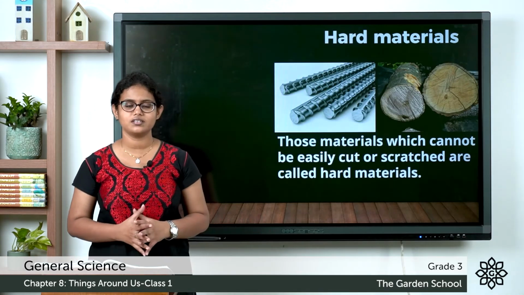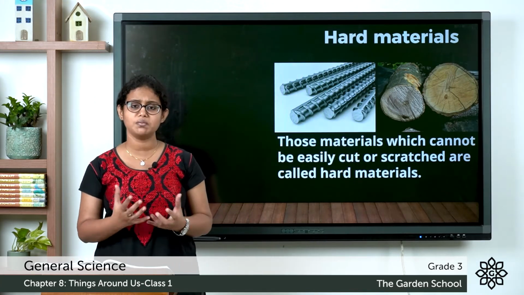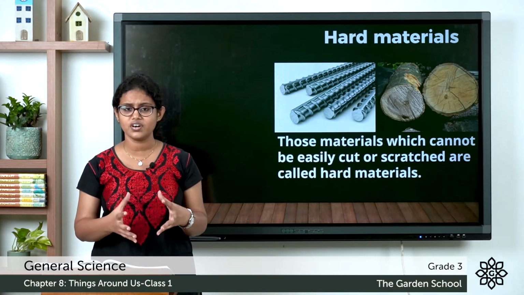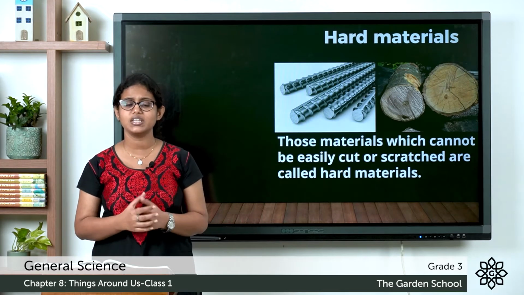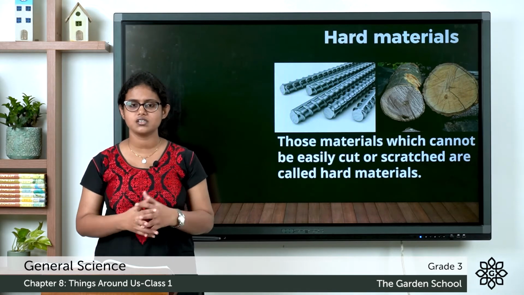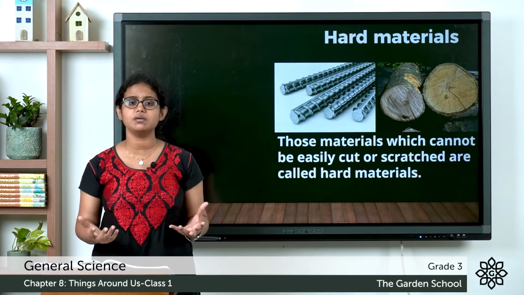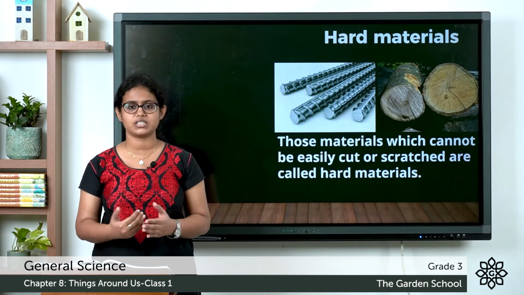The first one is hard materials. You know what is the meaning of hard? Hard means something which is very firm or something which is not so easy to break. So what are hard materials then? Things which are not easily cut or scratched.